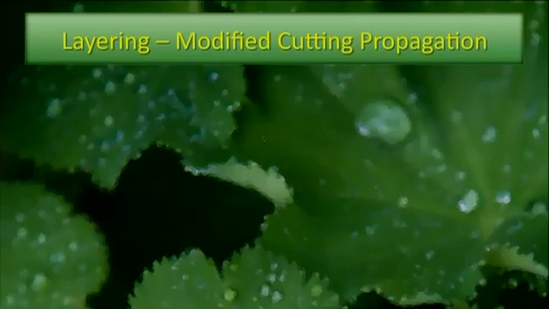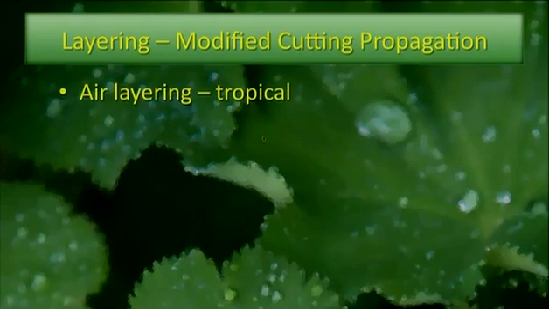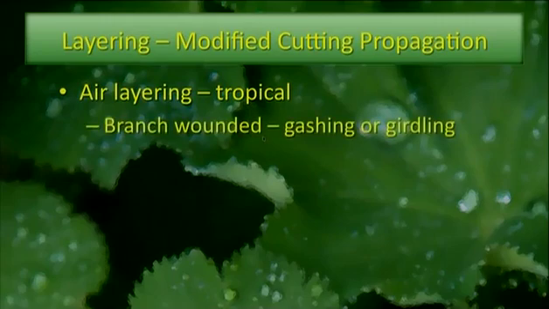Another kind of layering is air layering, which is usually used in tropical trees and shrubs. You can get a few large plants from one plant with a rigid stem. First you wound the branch, you either gash it or girdle it, which means you peel off the bark in a strip around it. Then you might dust it with rooting powder to encourage growth of adventitious roots.